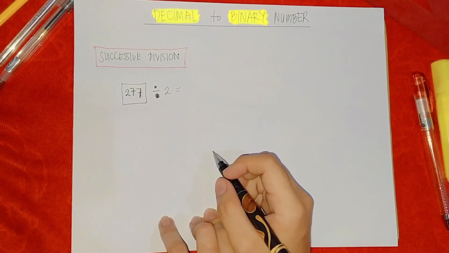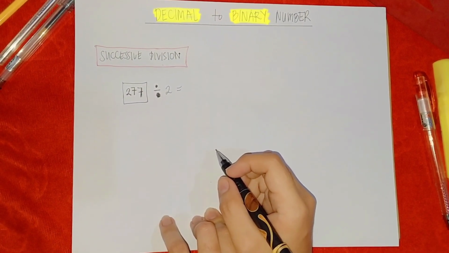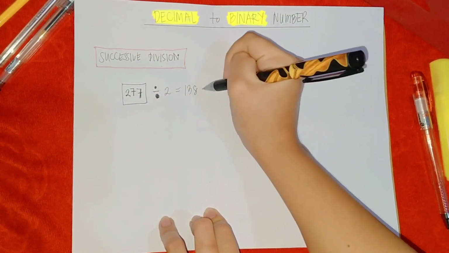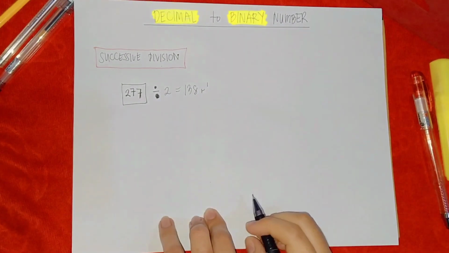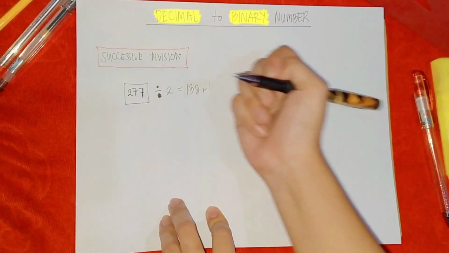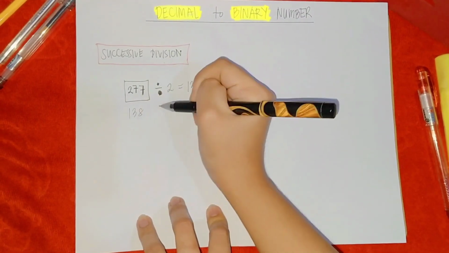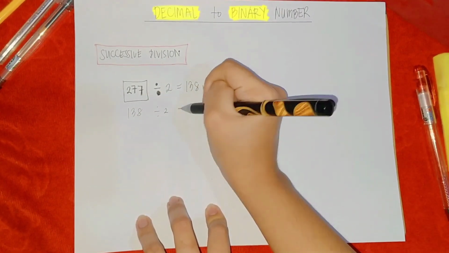277 divided by 2 is equal to 138.5. This means that we should put it as 138 remainder 1. The next thing that we should do is divide 138 by 2.